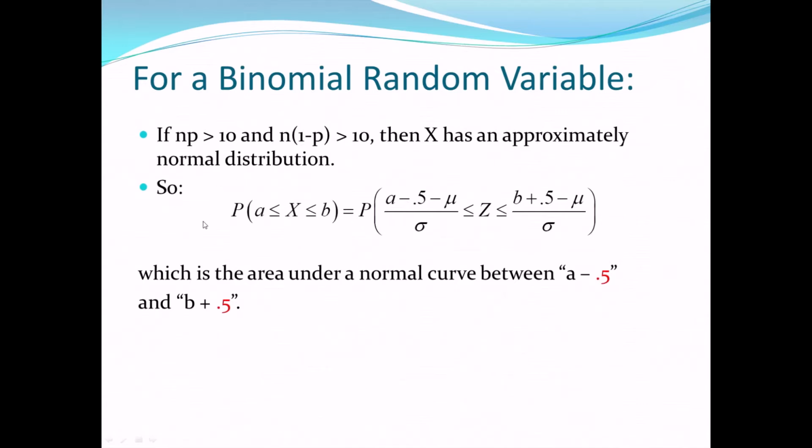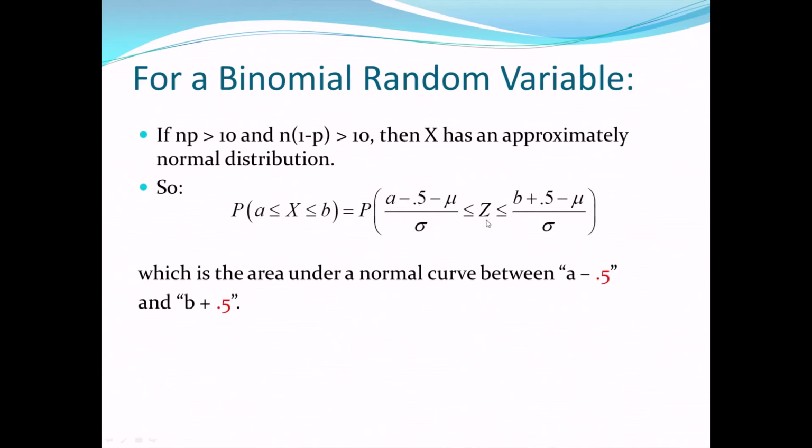So if you are calculating the probability of your binomial random variable x being between 2 numbers, or between and including, we have to do a little conversion here. We take the lowest number and subtract 0.5, so it becomes an even smaller number, and then minus mu over sigma.